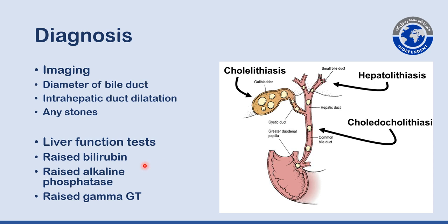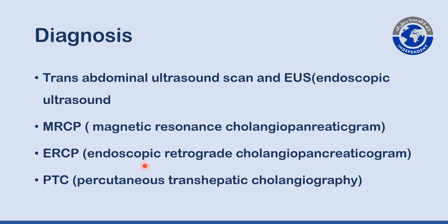Liver function tests will show raised bilirubin, raised alkaline phosphatase, and raised gamma GT. The imaging techniques which can be used are transabdominal ultrasound scan, endoscopic ultrasound, MRCP, ERCP, and PTC.